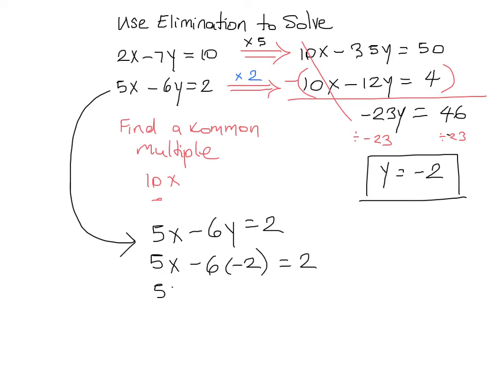So 5x plus 12, negative negative, equals 2. Now we can subtract 12 from both sides, and we get that 5x is equal to negative 10. Therefore, dividing both sides by 5, we get that x is also equal to negative 2.